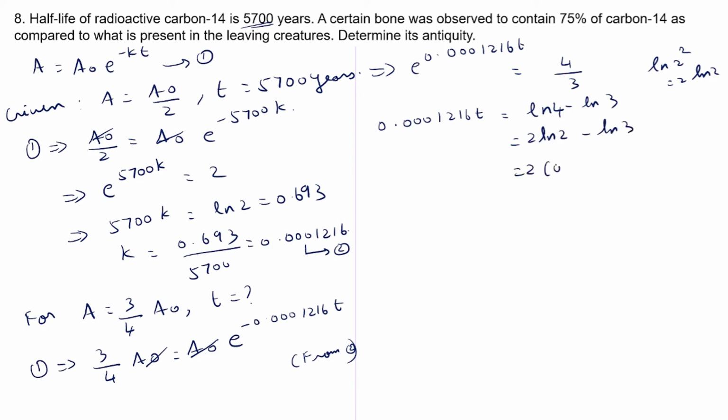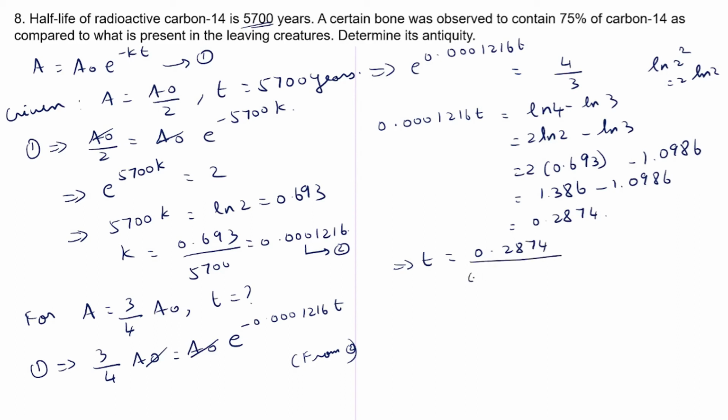Now ln 2 we know it is 0.693 and the value of ln 3 is 1.0986. So this is equal to 1.386 minus 1.0986. This is equal to 0.2874. Now from this we get t is equal to 0.2874 upon 0.0001216.